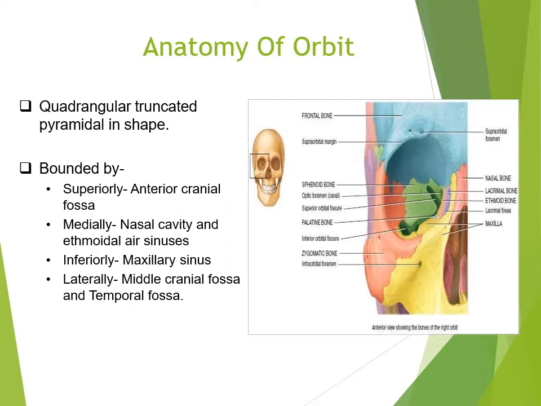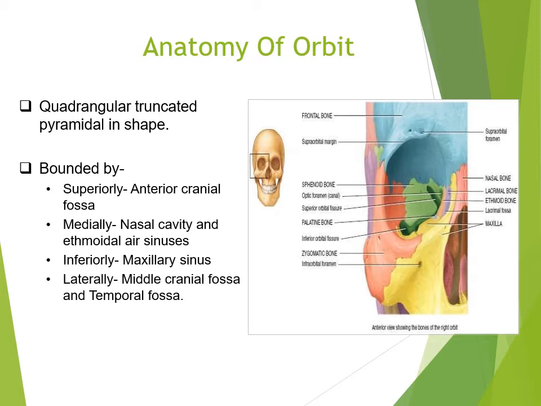It is quadrangular in shape. When you see from front to posterior part, it is pyramidal in shape. Two pyramidal shaped bony structures are separated by the nasal bridge.